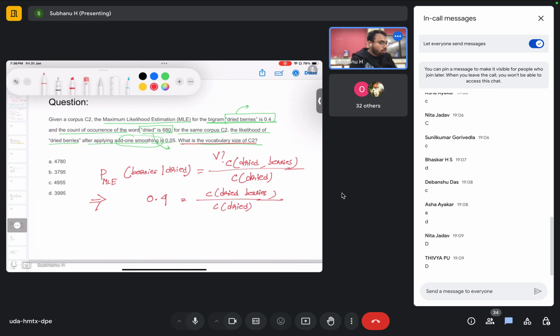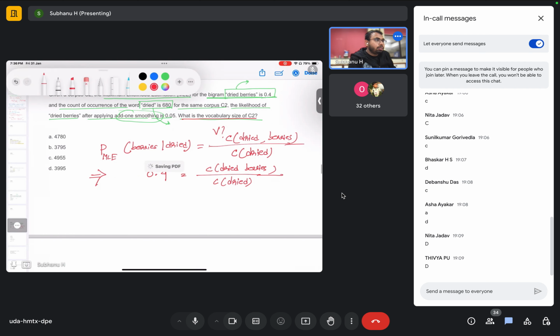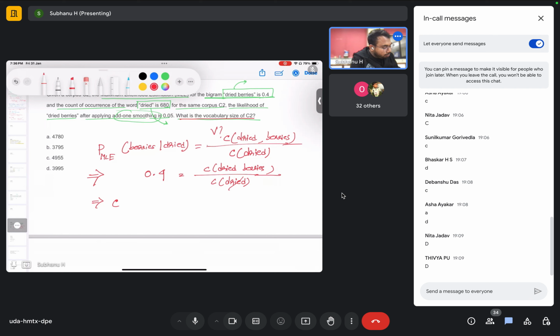We are also given C of dried, which is 680. So C of dried berries is equal to 0.4 into 680, which is 272.